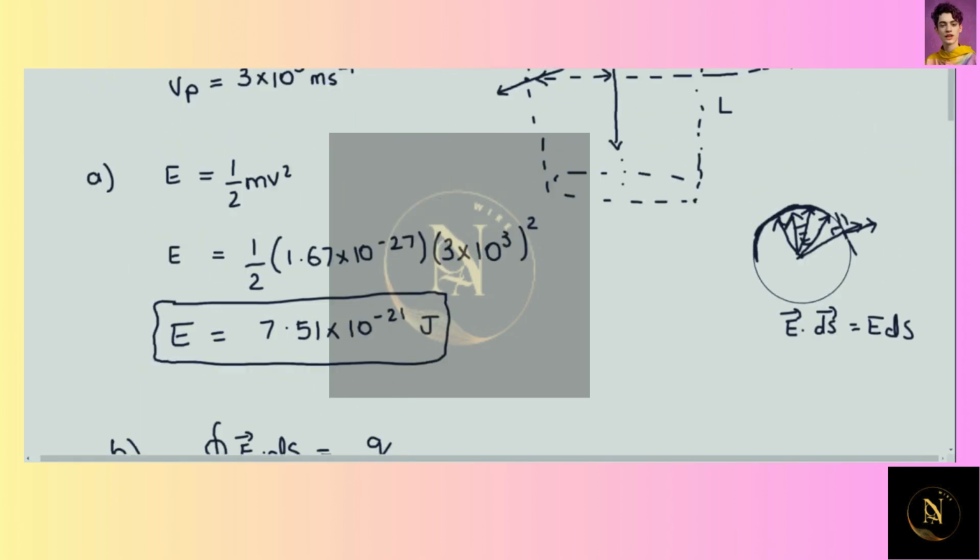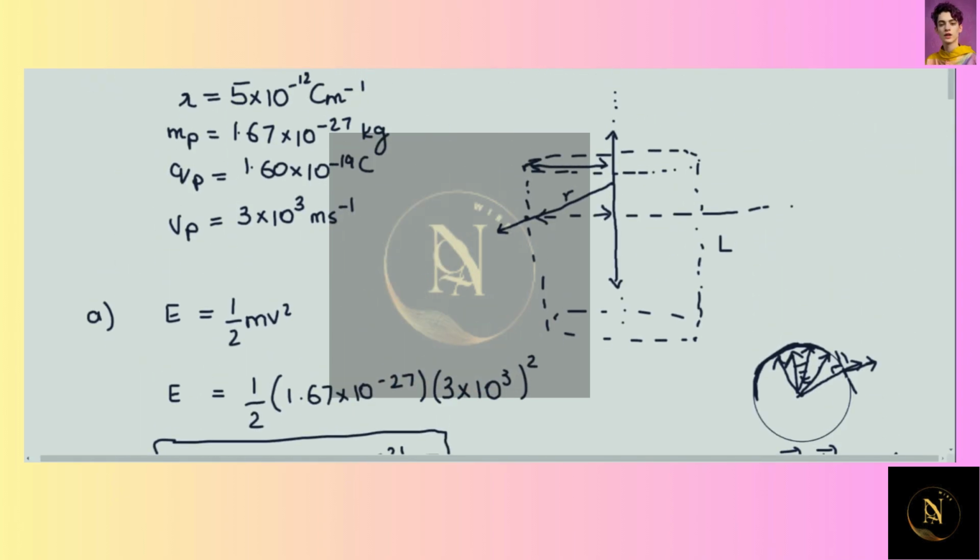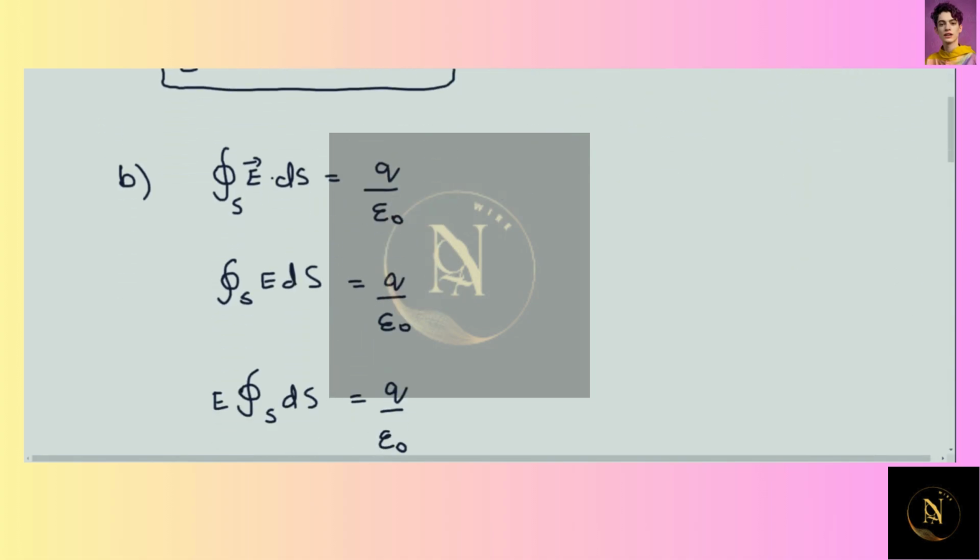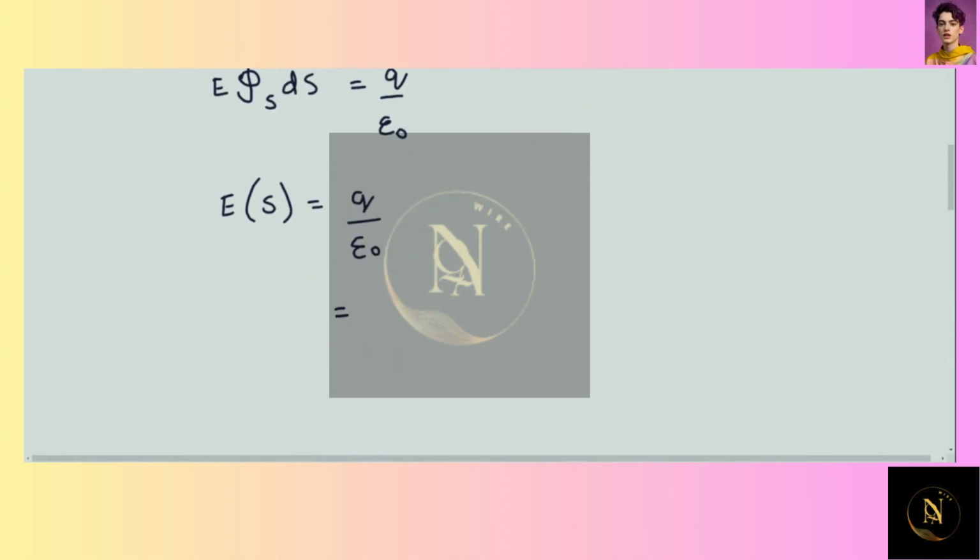And what we're left with is basically the surface integral of ds that will simply be equal to the surface area of our Gaussian surface, which is the cylinder. Now, since the cylinder has a length L and a radius R, the surface area is actually given by 2 pi R times L, and the total charge enclosed is the length of the wire enclosed, which is L, times the linear charge density. So we'll go ahead and make these substitutions into our equation.